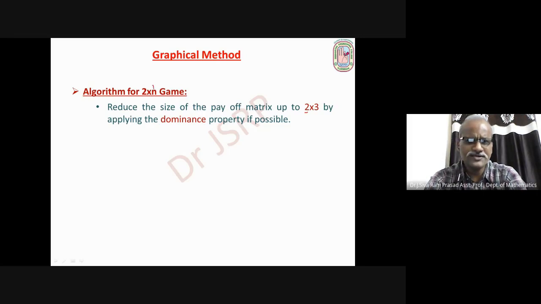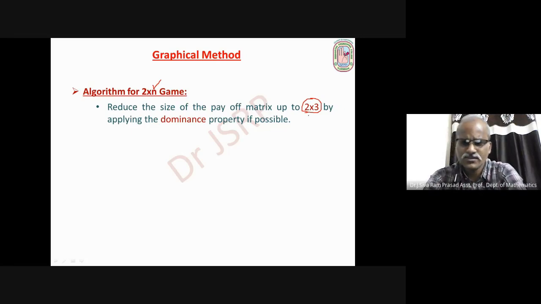It is possible to eliminate some redundant columns by using the dominance principle, so you can reduce the size of the game up to 2 by 3.